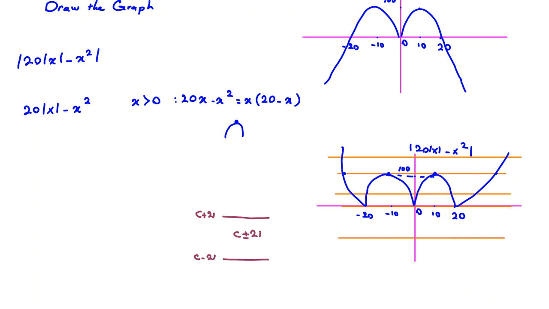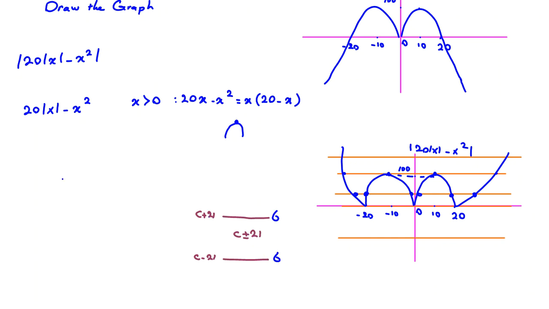If it is here, 1, 2, 3, 4, 5, 6. So we can conclude that each horizontal line we draw has at most 6 intersections with this blue graph. So when we want to have 12 here, we should have 6 intersections and 6 intersections.